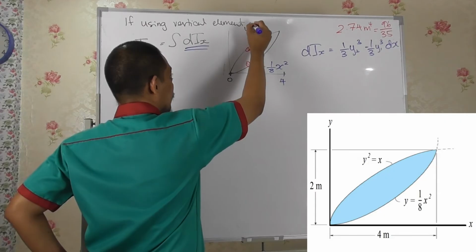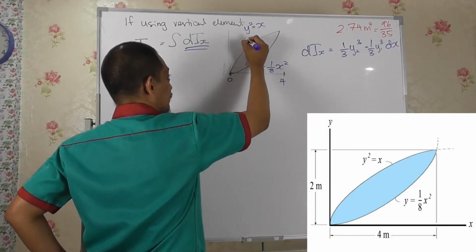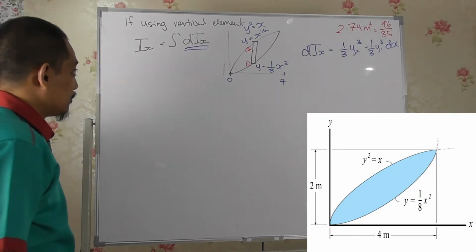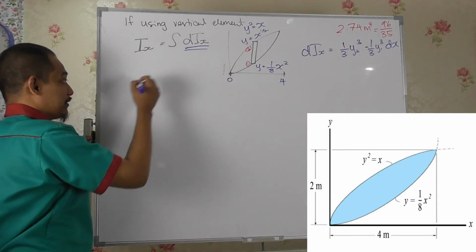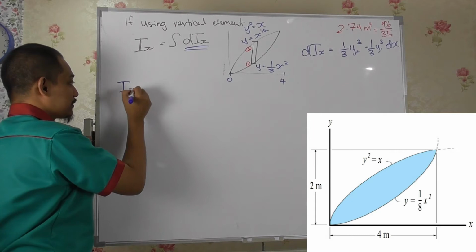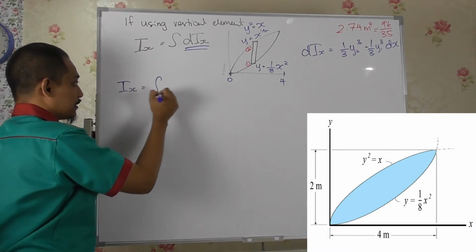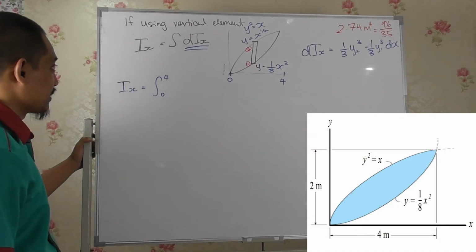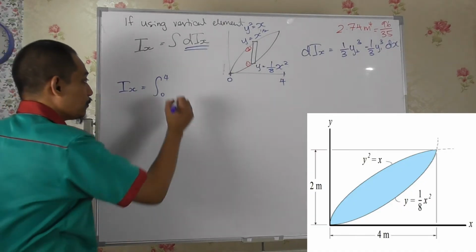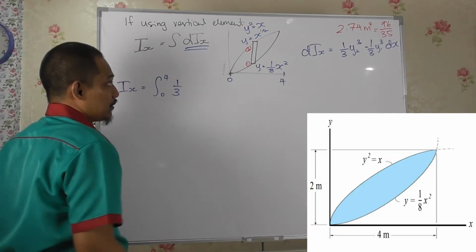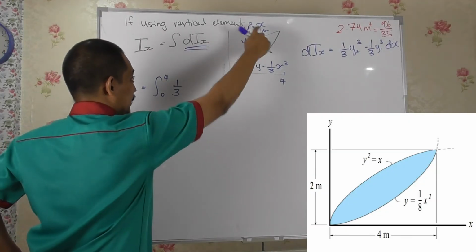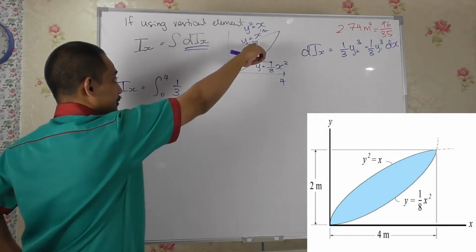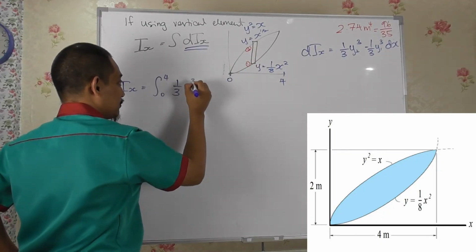Here y square is x, so y equal to x power of half, right? So if you plug in, x integration from 0 to 4, the whole thing there, so 1 over 3 y2 cube becomes x power of 3 over 2, right?